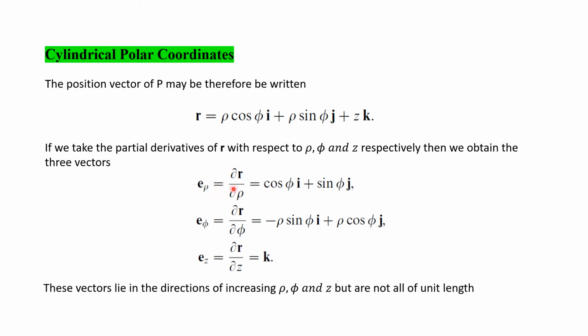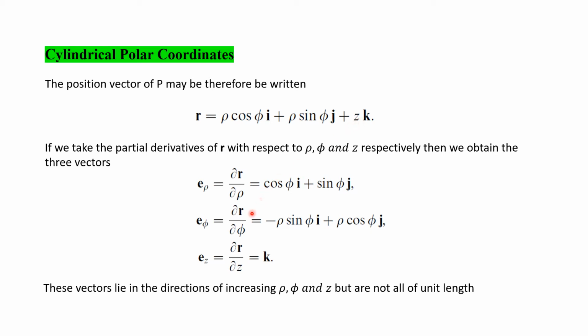So e of rho is equal to the partial derivative of r with respect to rho. We just take the partial derivative of this function with respect to rho. For the first term, you have cosine phi i, and in the second term you have sine phi j, and the z term goes to 0.